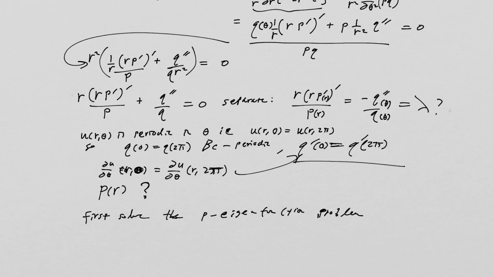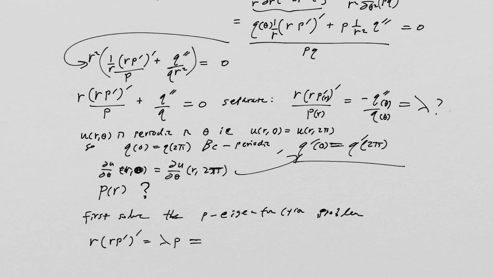That's clearly the more complicated of the two, and let's see if we can do it. Let's write it down as follows. So what we have is r times (r P prime) prime is equal to lambda P.